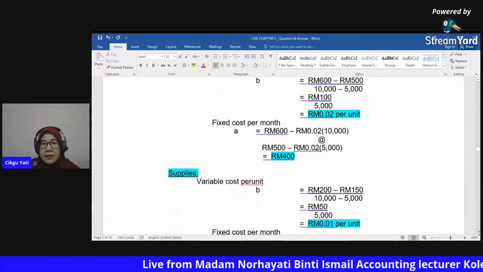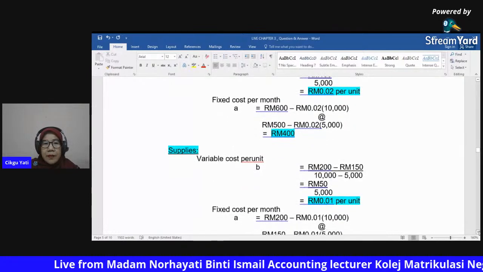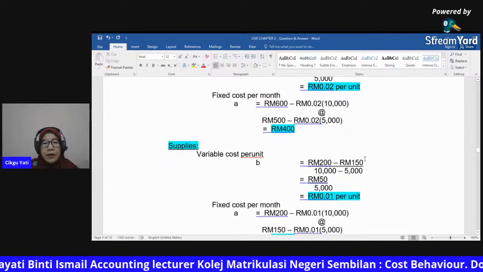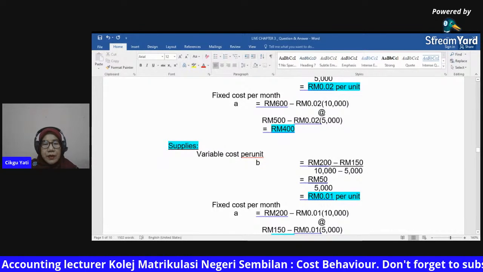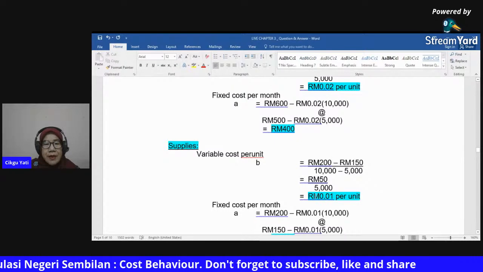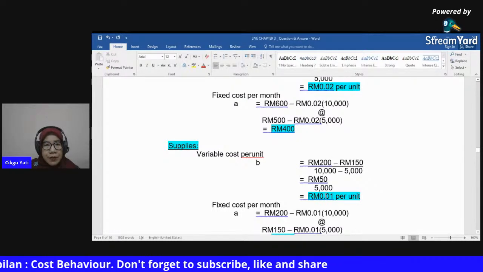Okay, this is the answer. You just substitute in the formula the lowest unit with the lowest cost, the highest unit with the highest cost, and when you substitute the amount, you will get RM 0.01 per unit.